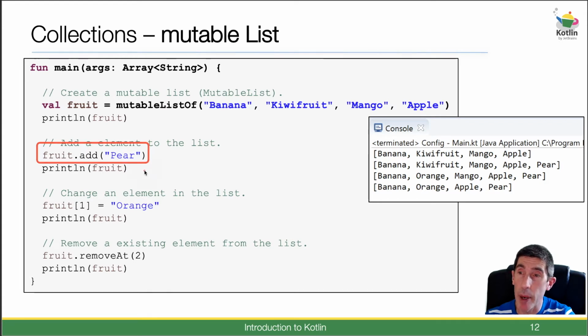So we can say .add pear, and it's added at the end of our list. We print it out. We can change an individual element by accessing it via an index, so we can say fruit[1] is assigned orange. There's our index 1 getting updated to orange. Likewise, we can say removeAt a particular index, so here we are saying 2, which removes the mango element from our list. When we print it out at the end, we're left with those 4 elements. Fairly straightforward, very similar to what you would have done using lists in Java.